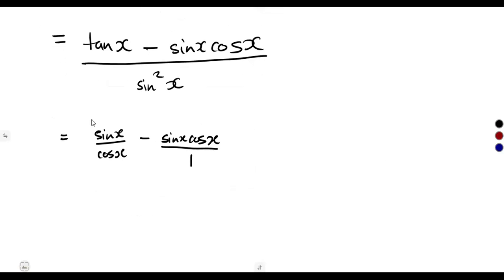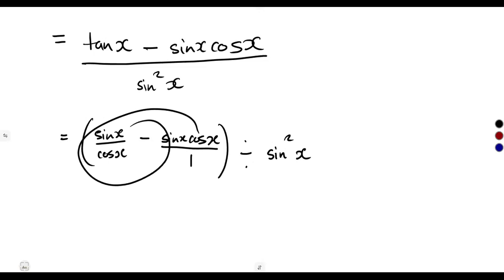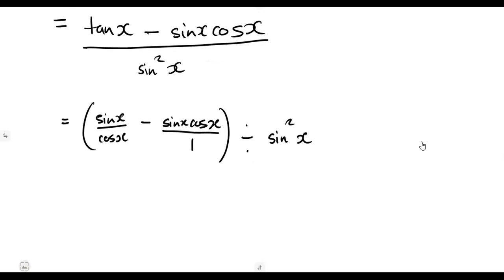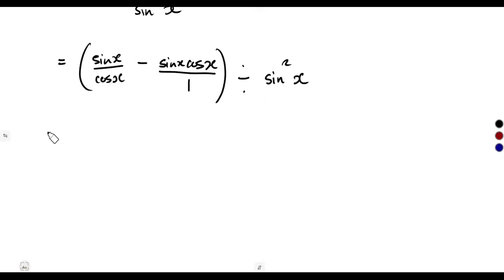So guys, for us not to have any mistake, let us just introduce a bracket and say divided by sine squared x. So that we can properly apply our subtraction there, having the same part here, combining like terms to have a single fraction. It can help us, guys.